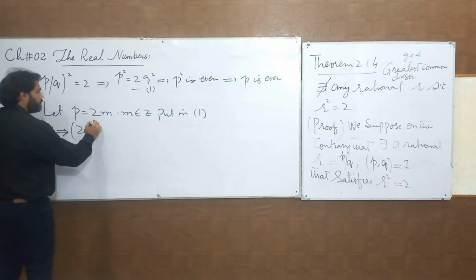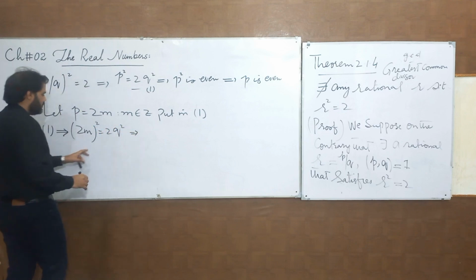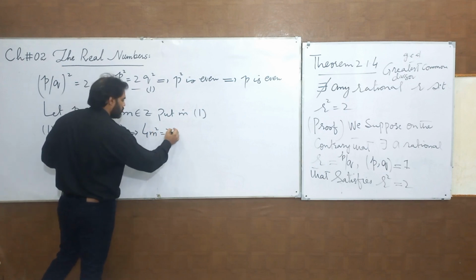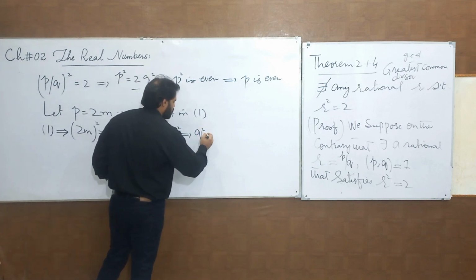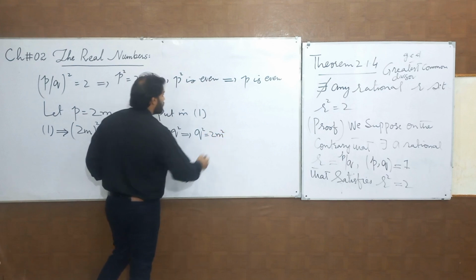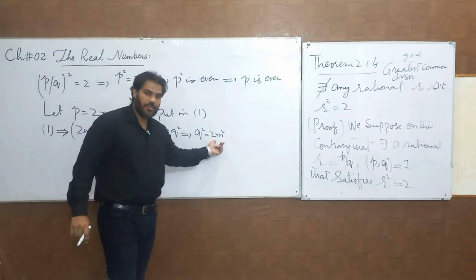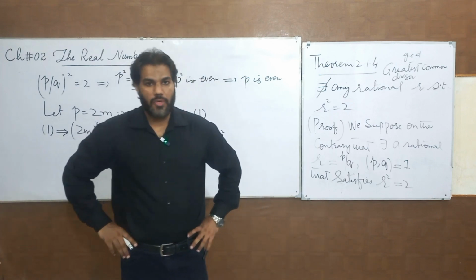Put in 1. 1 implies 2m whole square is equal to 2q square. This implies 4m square is equal to 2q square. This implies q square is equal to 2m square. Similarly, as above, here again this number 2m square is an even integer for any value of m.